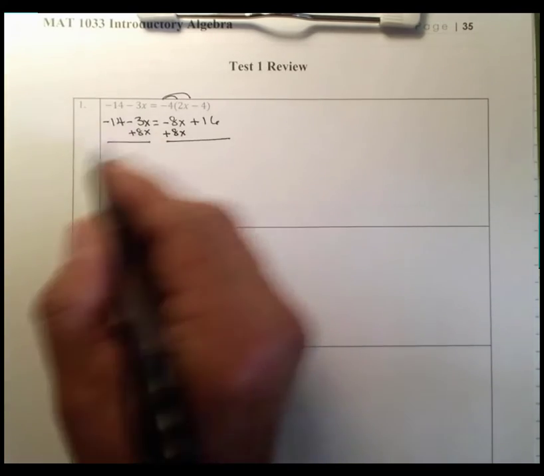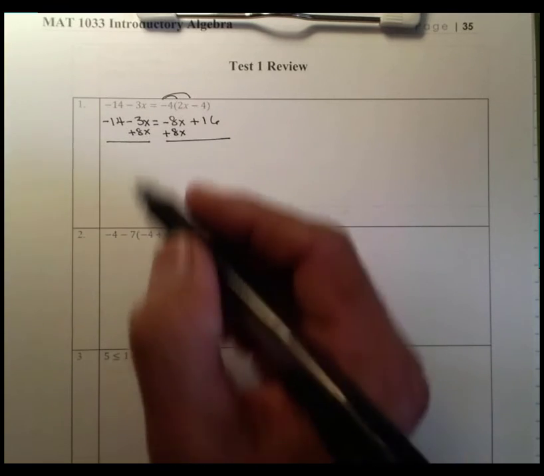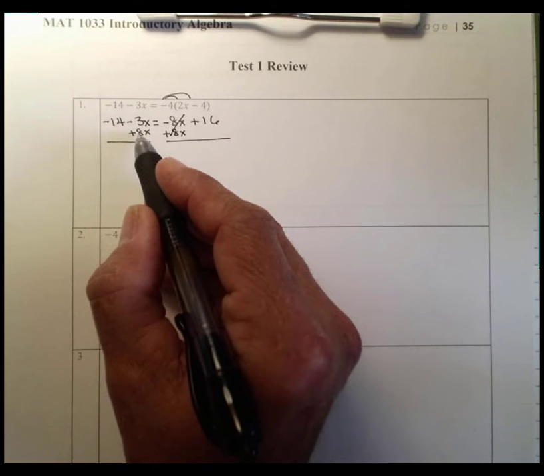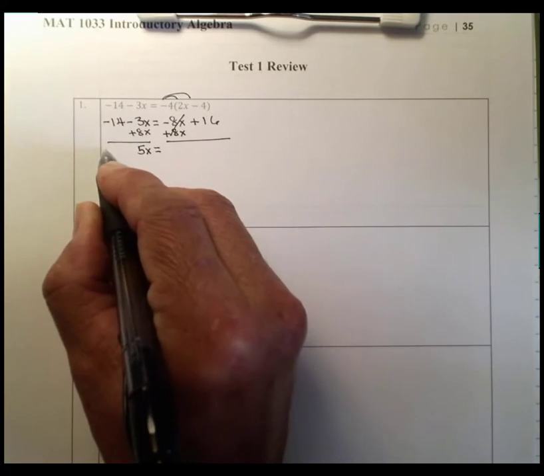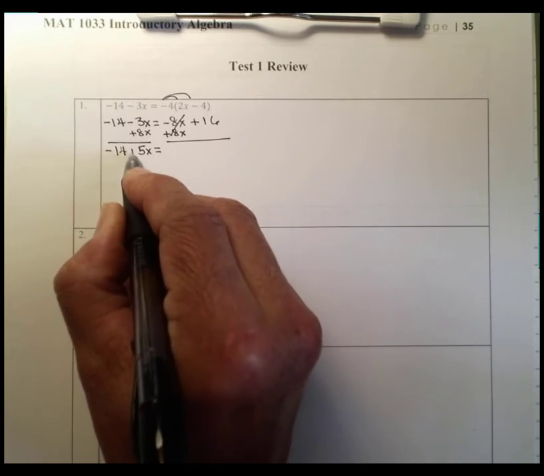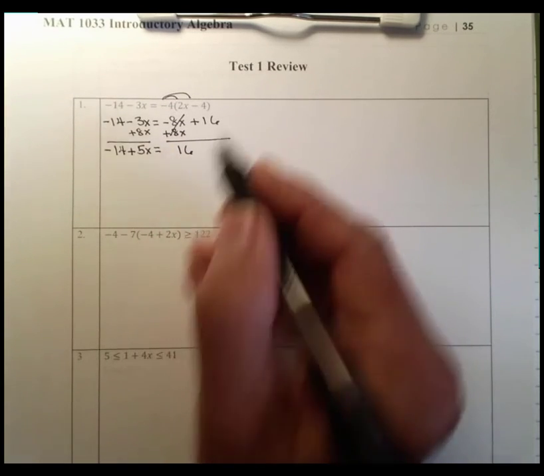At this point, all we can do to get from one side to the other is add or subtract. And these will, of course, cancel each other out. There'll be 0. And when I say 8 minus 3, I come up with 5x. There's my equal. I have to, of course, bring down my negative 14. And that was a positive 5x. And over here, I only have 16 left.